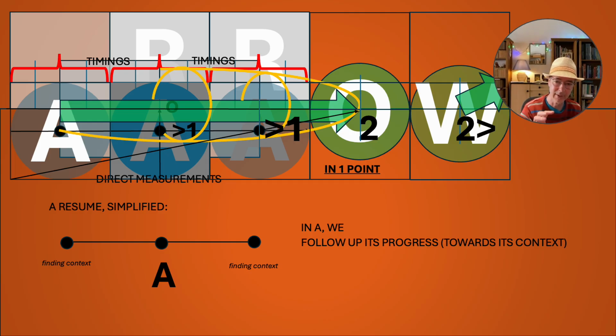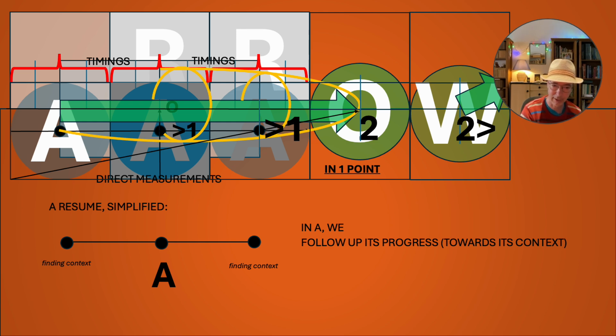So let's resume it now a little bit, what we have here just as a focus. This is just describing the focus, but I'll resume it in an abstract way that we will understand very well. The abstract way will be very simplified, and that will be very easy. So we know already that A, because we connect it to context, it's not needed just to focus on A alone at this moment, but it's also finding context immediately.